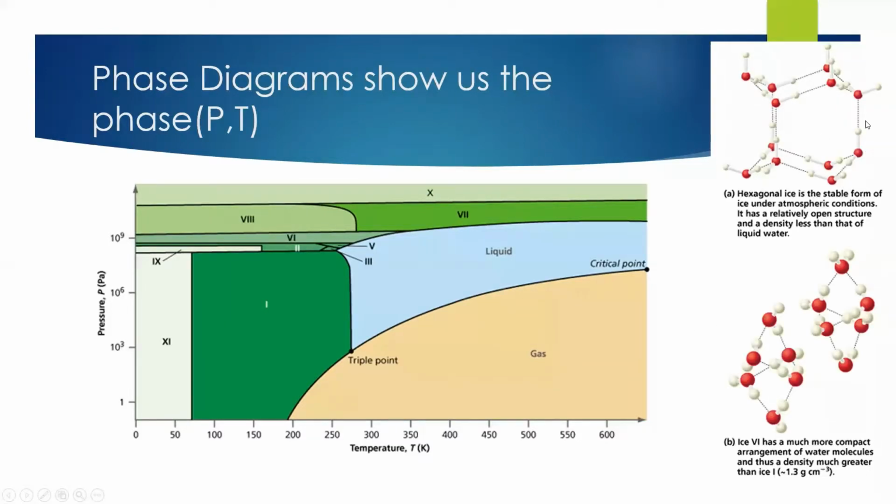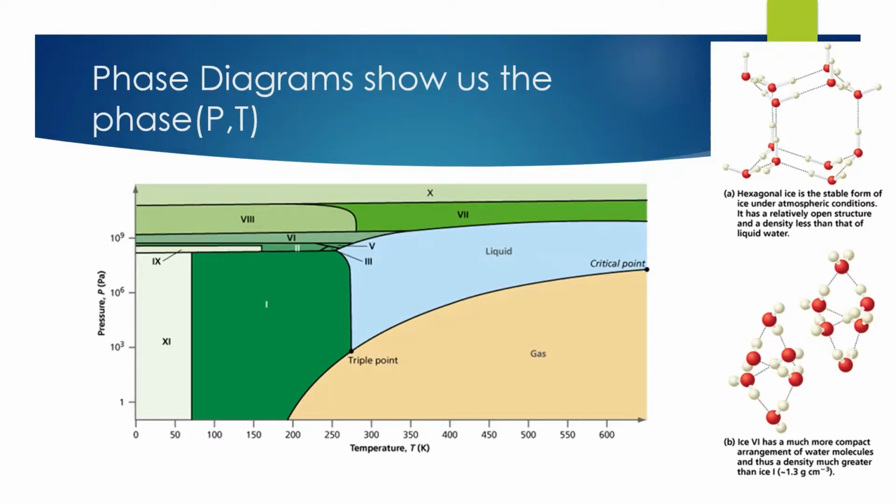So this is an example of normal ice. This is ice 1 that's stable under atmospheric conditions. This is a rhombic form. This is ice 6 here that's stable under pressures of about a gigapascal, which is pretty high. And this is more densely packed than water. So if we had a coexistence of liquid water and ice 6 at this coexistence curve, this ice would actually sink in the liquid water.